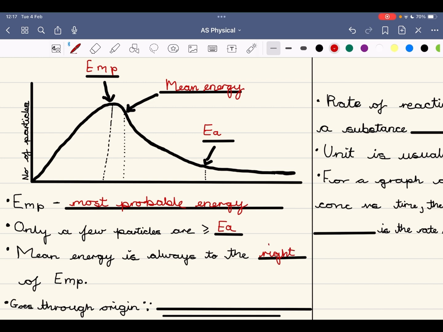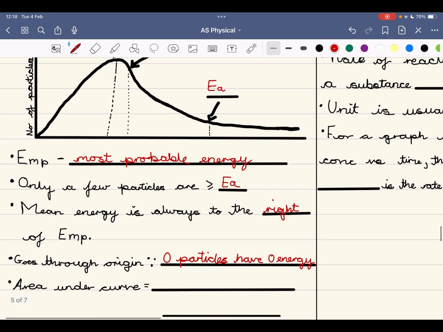As you can see, the line goes through the origin, and this is because 0 particles have 0 energy, and the area under the graph represents the total number of particles.